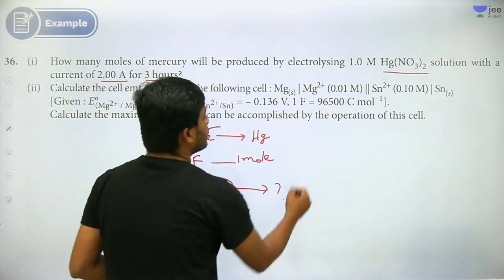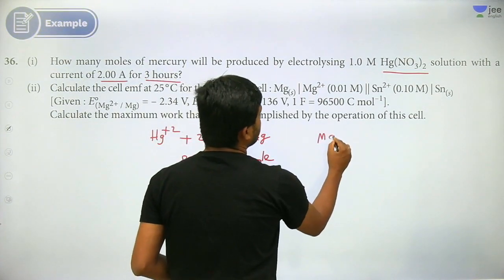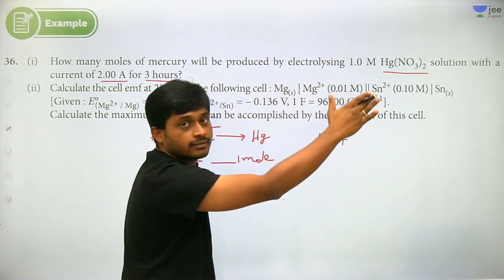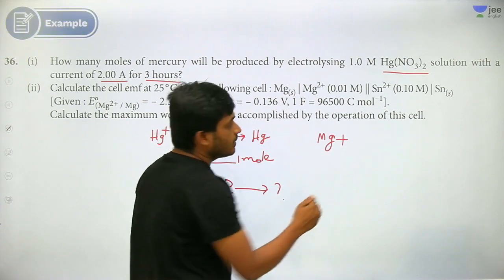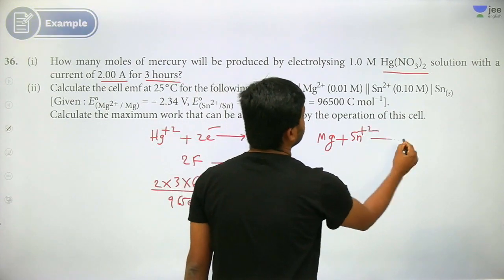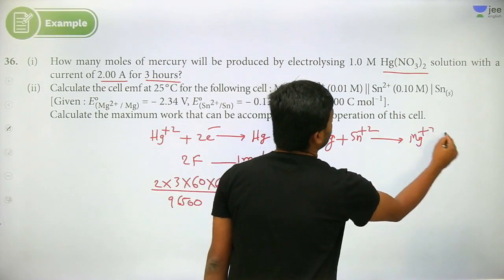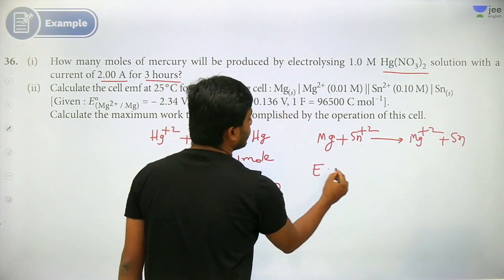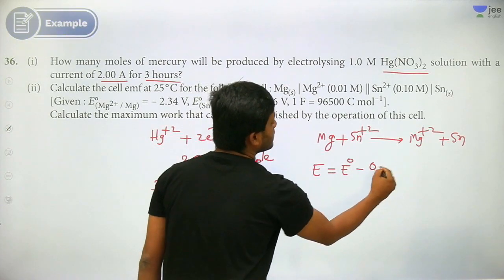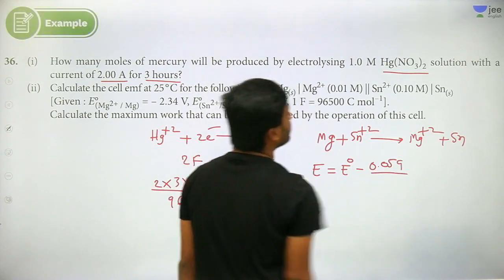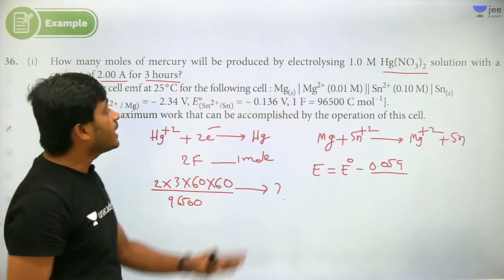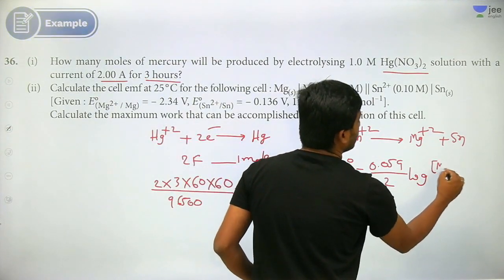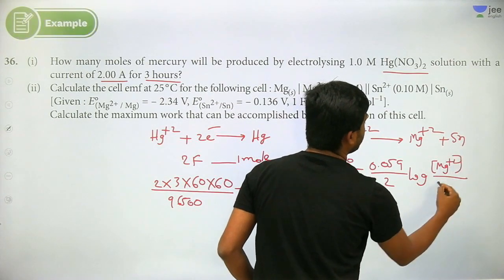Okay. So first write the equation. What is the equation here? Mg, this is oxidation. Tin undergoes reduction. Mg plus Sn plus 2 gives Mg plus 2 plus tin. So these two are solids. E equals E naught minus 0.059 by how many electrons are involved here? 2 electrons, right? 2 log magnesium plus 2 by tin plus 2.